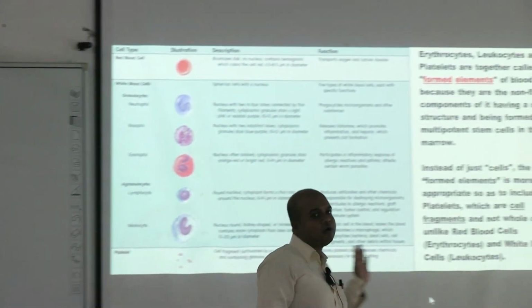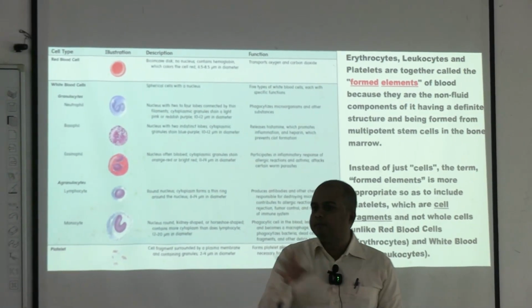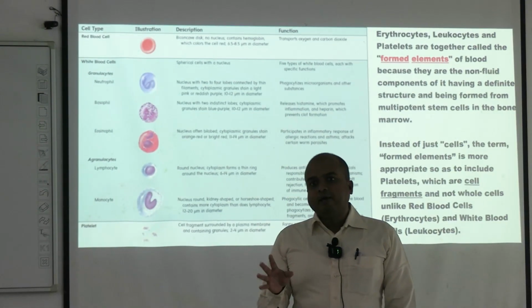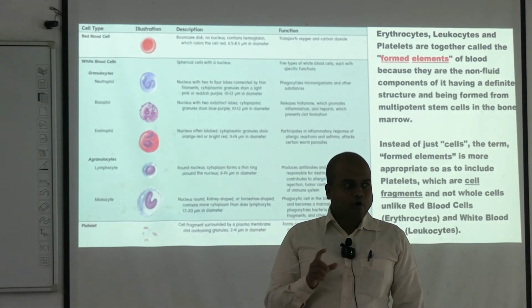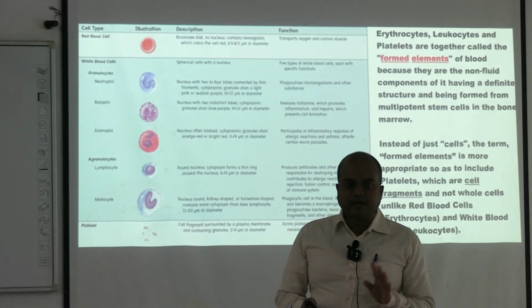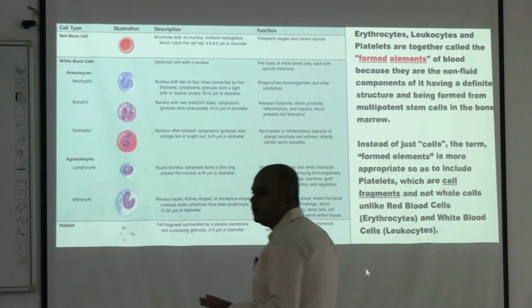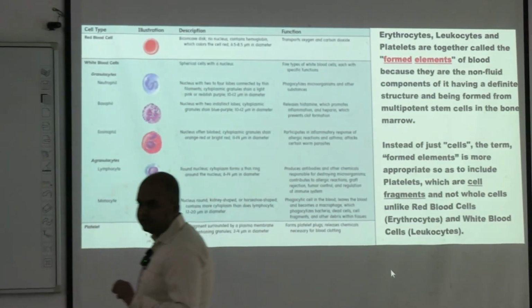Among the cellular components of blood, there are red blood cells and white blood cells. White blood cells are again of two types based on the presence or absence of granules: granulocytes and agranulocytes. Granulocytes end with the suffix "phil": neutrophil, eosinophil, basophil. Agranulocytes are lymphocytes and monocytes.